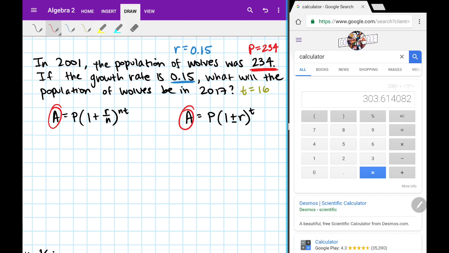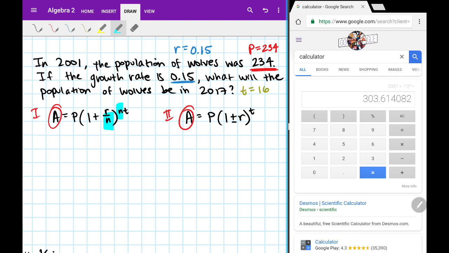That's what we're looking for. But the question is, which formula are we going to use? Are we going to use Formula 1 or are we going to use Formula 2? Well, notice if you're reading the question, we don't see anything about the word compounding. We don't see compounding quarterly or annually or even weekly, none of those. So even if we really wanted to, we wouldn't be able to find a value for n.